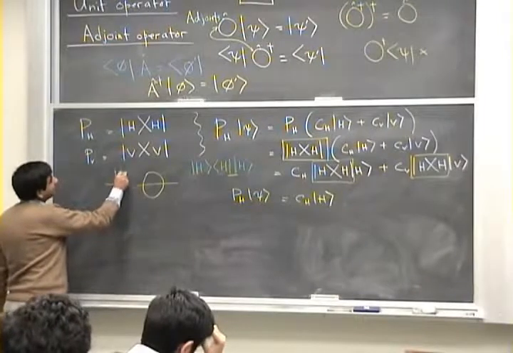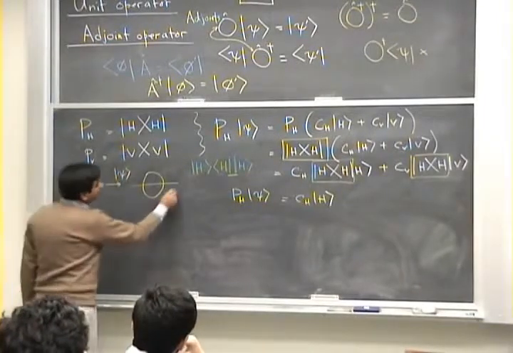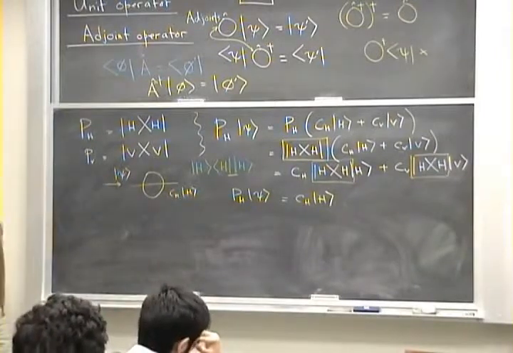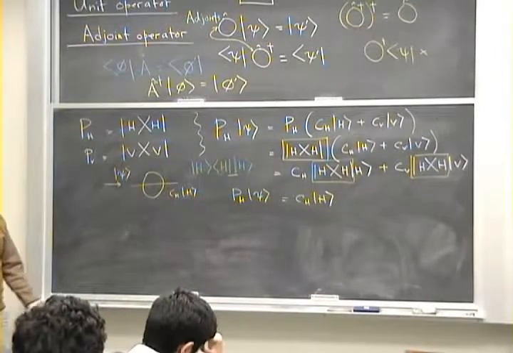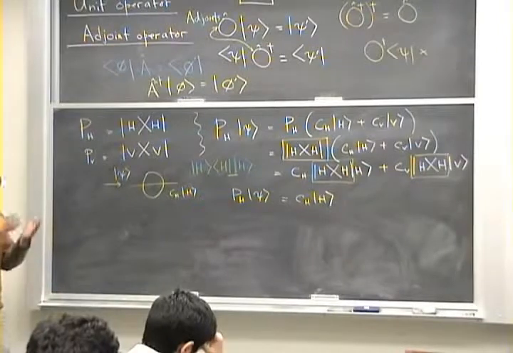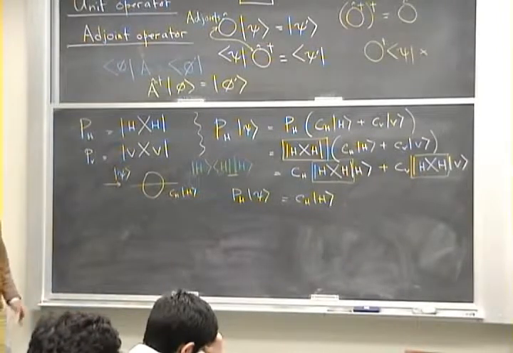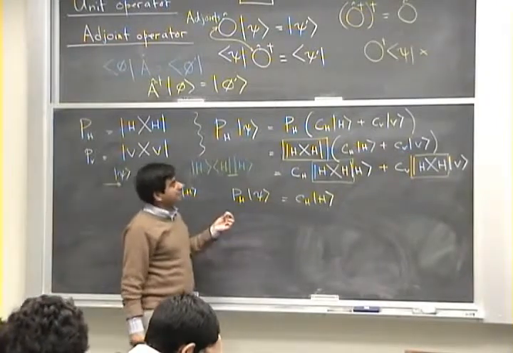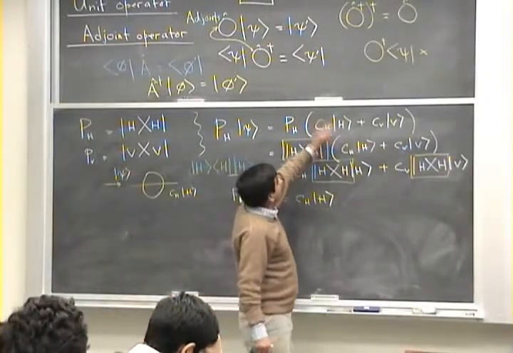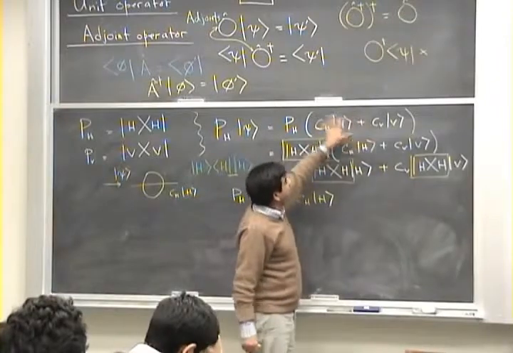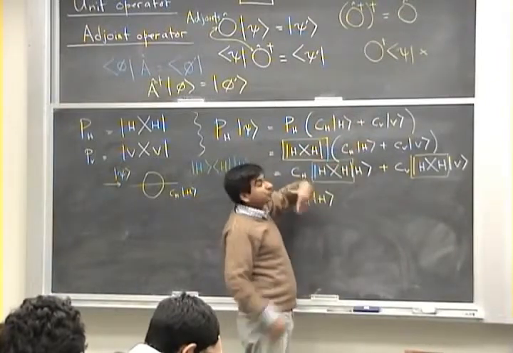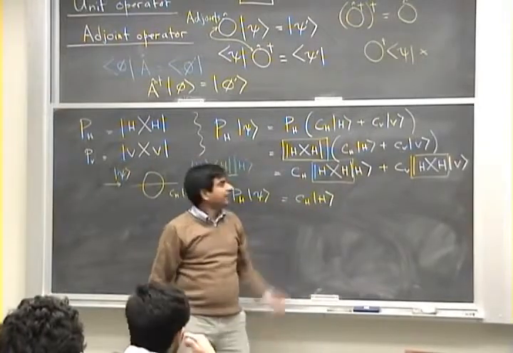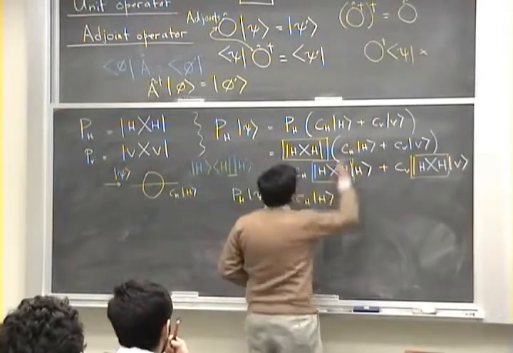An arbitrary state comes in, and the output is just CH ket H. It's just like a horizontally inclined polarizer. That's why it's called a projection operator. It picks up the horizontal component of the entire state. In other words, it finds the projection of the state onto the horizontal axis.